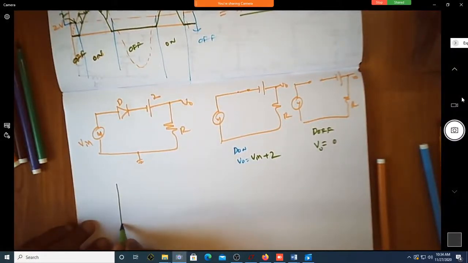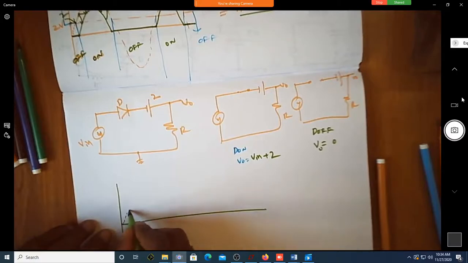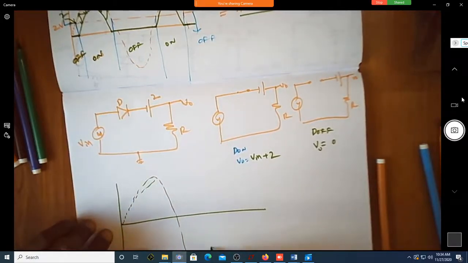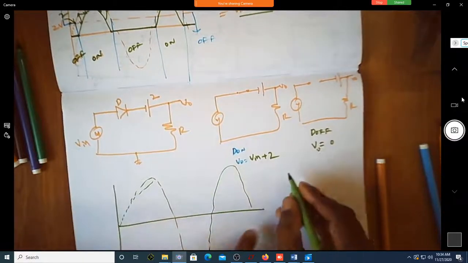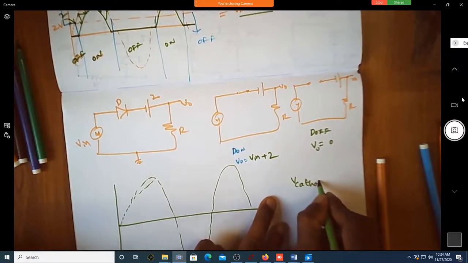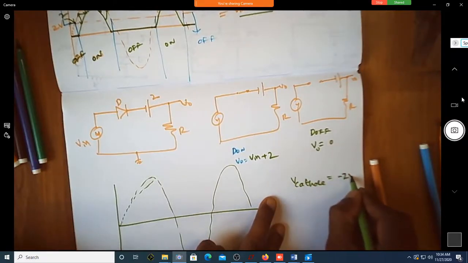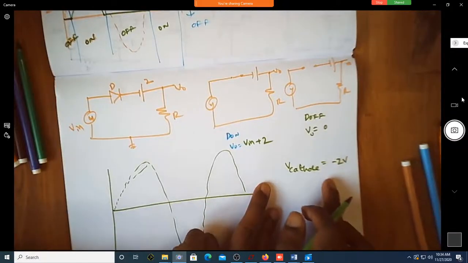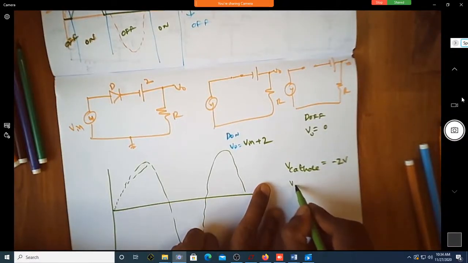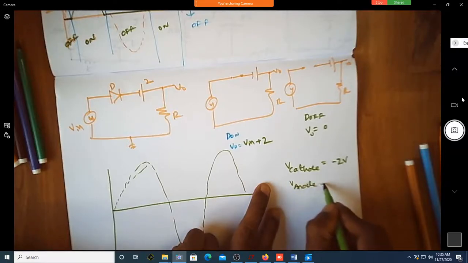Okay, let me rewrite that. Next, the question is when it will turn on, when it will turn off. Correct? So what is the voltage at the cathode? Is it minus 2 volt? Yes, minus 2 volt. What will be the voltage at the anode to make it turn on?